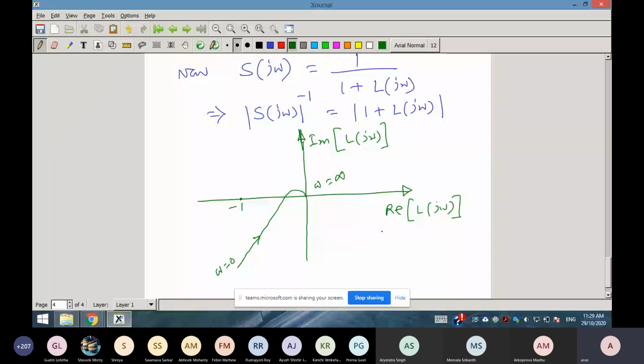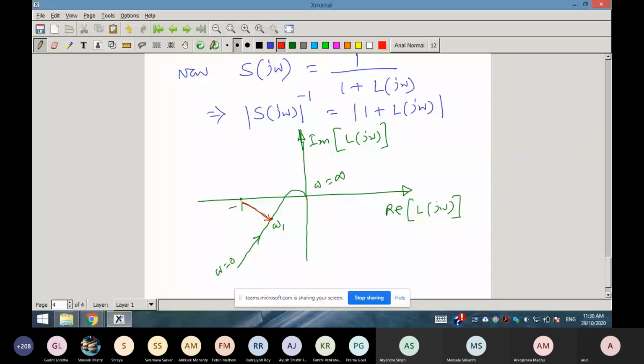Suppose you take a point at omega equal to omega 1. What is 1 plus L j omega? This distance will give you 1 plus L j omega, because this is 1 and this is L j omega.